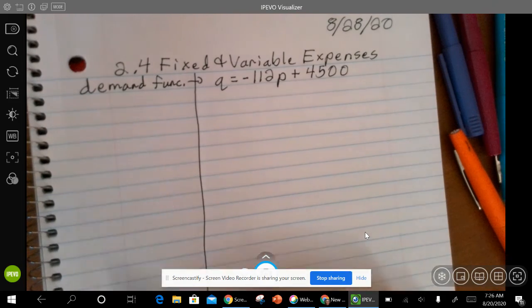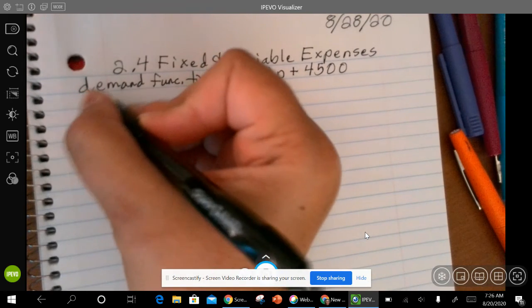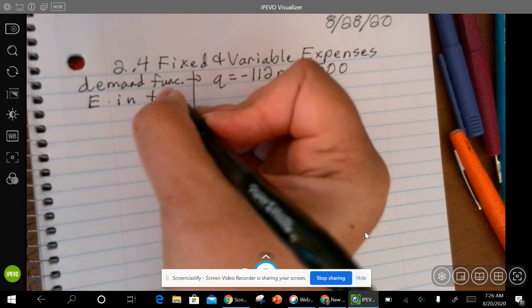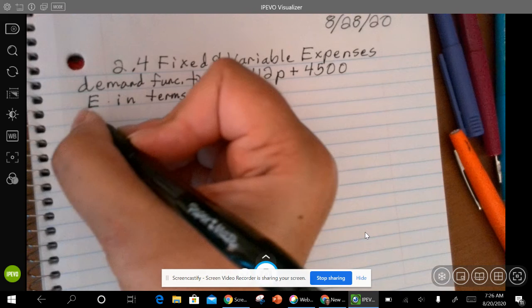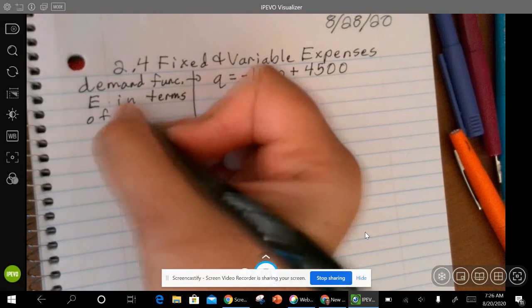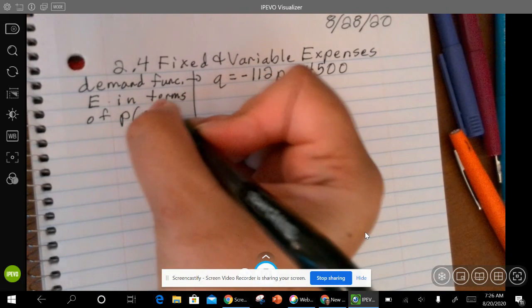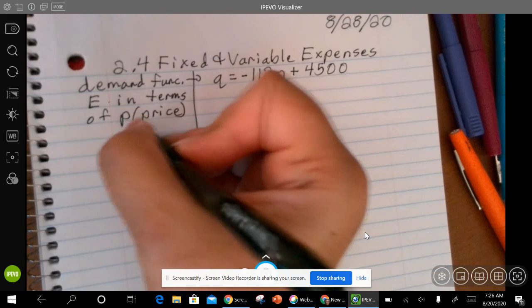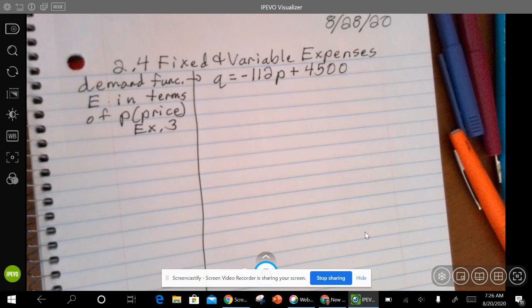Okay. So if we want to write the expense function, write E in terms of the price. So notice this is price, not cost to produce. Again, I don't know why they both did two P's, but our book does.